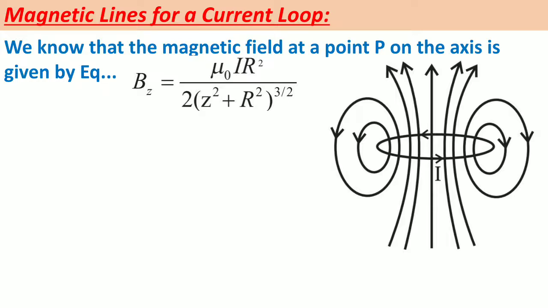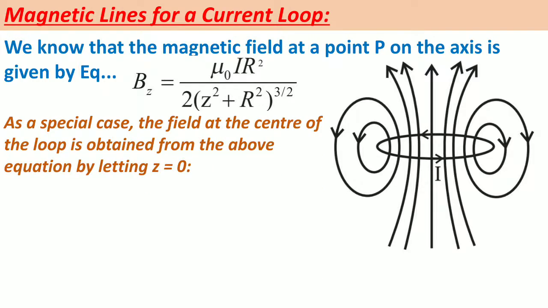First, with the help of this equation, we can find the magnetic field at the center of the loop by putting z is equal to 0 in the above equation. So finally we will have B0 is equal to mu naught I upon 2r. Label it as equation number 1.